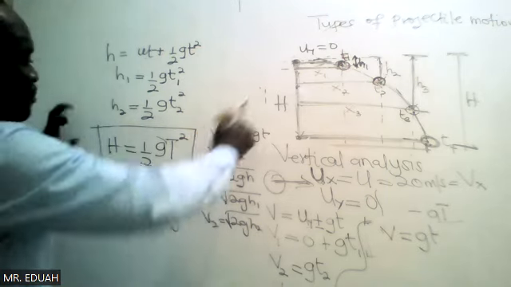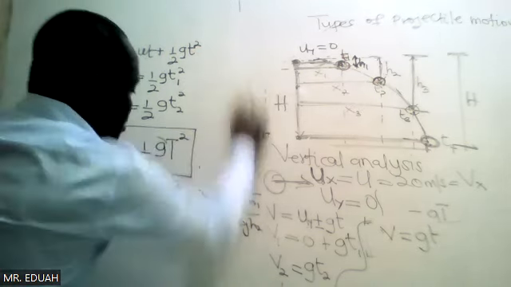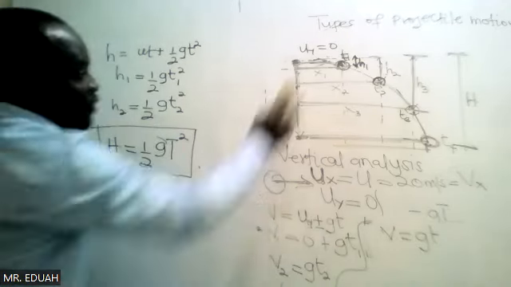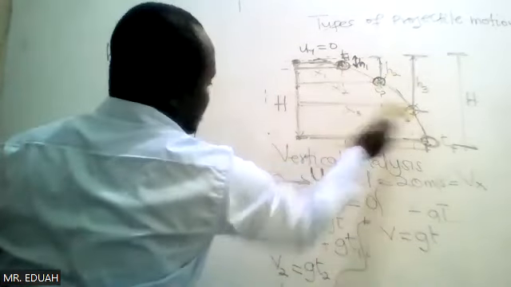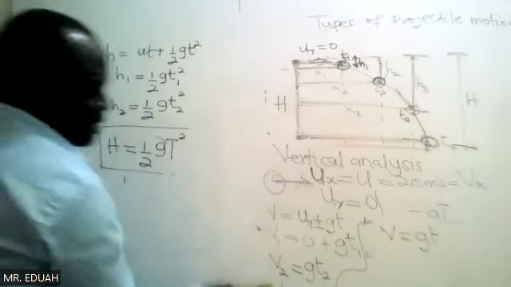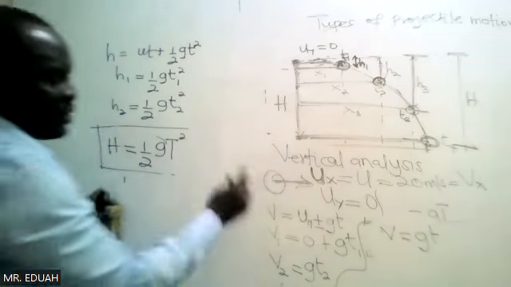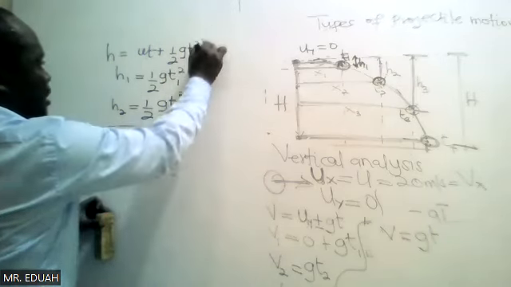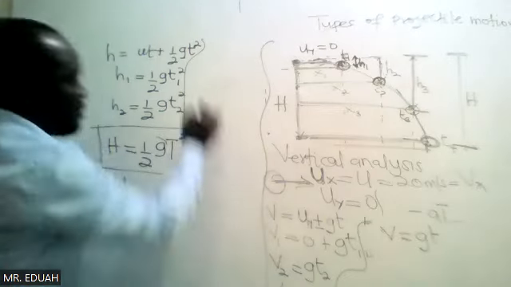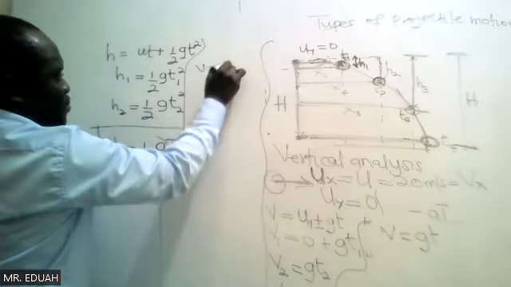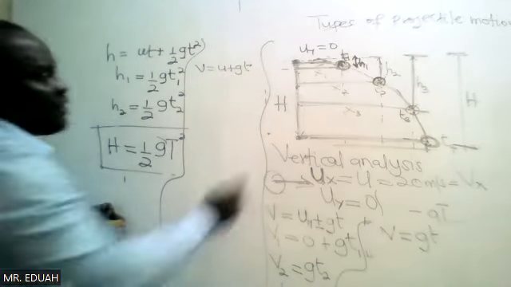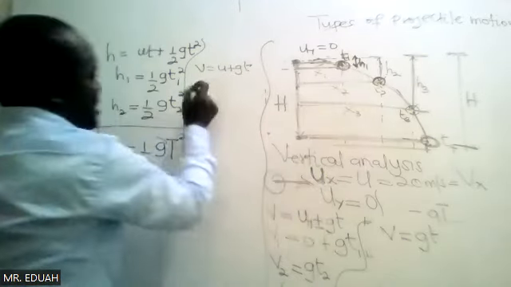Okay, so we earlier determined the expression for the velocity here. We use equation 1: v is equal to u plus gt. And then we realize that the velocity of the body at different times can be determined.